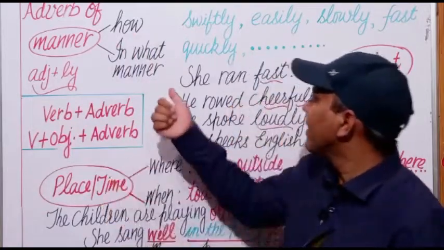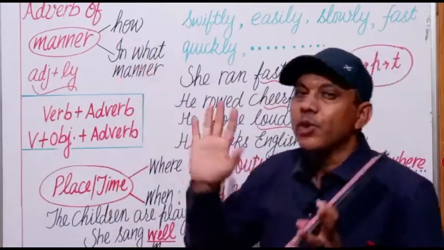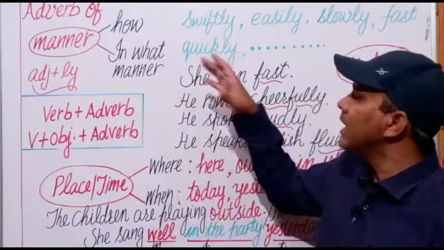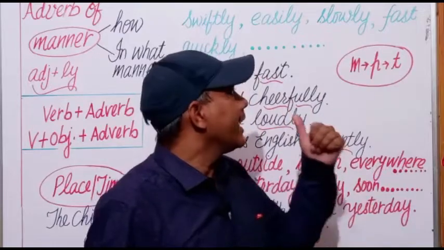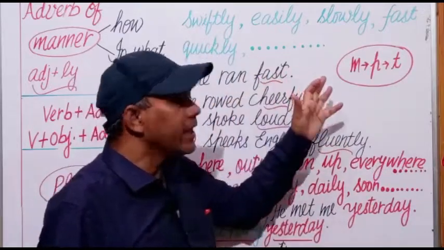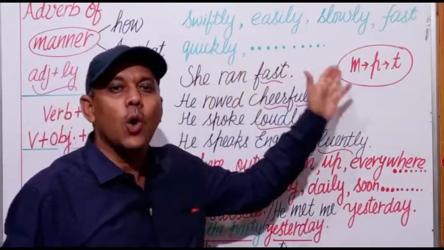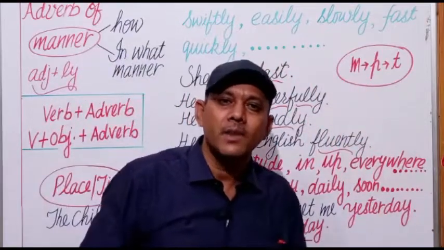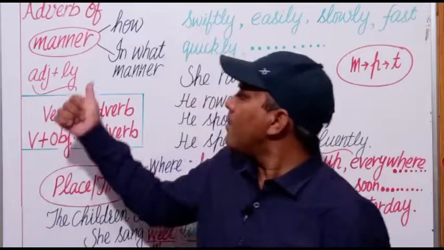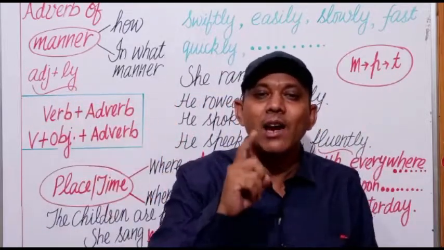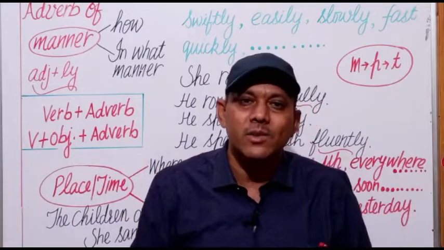For example, there are a few adverbs of manner: swiftly, easily, slowly, fast, quickly, and so on. Usually, adverbs of manner are formed by adding ly to adjectives.